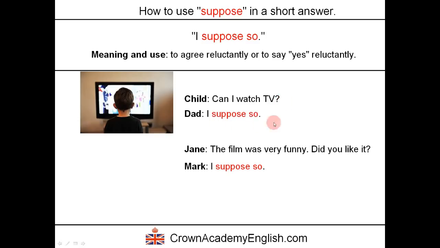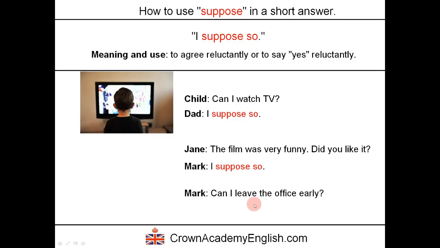But that is too long. So we replace the clause with the word so. Here, a complete answer would be, yes, I suppose that I liked it. But again, that is too long, so we just say, "I suppose so."